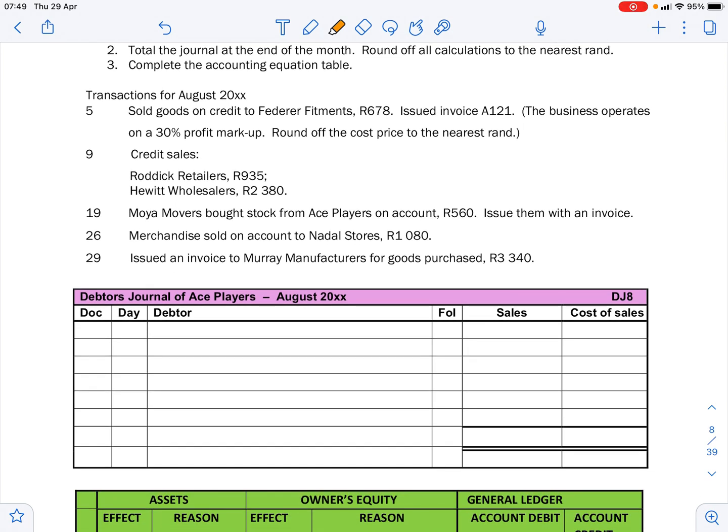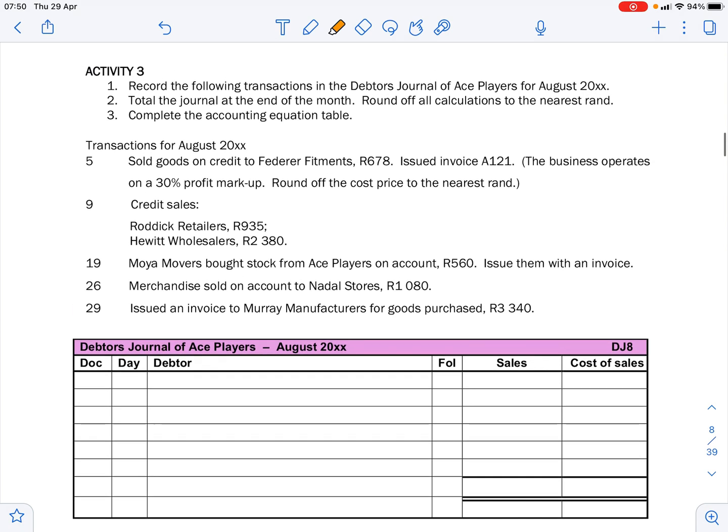So, they tell us on the 5th, we sold on credit to Federer Fitments for 678 Rand. We issued invoice A121. They also tell us that the business operates on a profit markup of 30%. Round off the cost price to the nearest Rand.